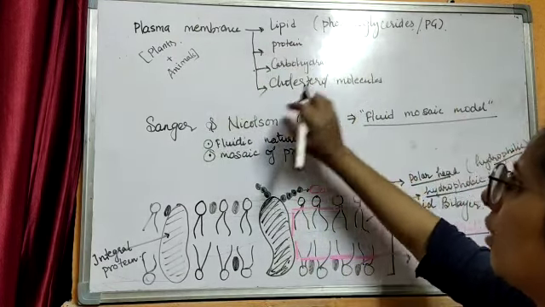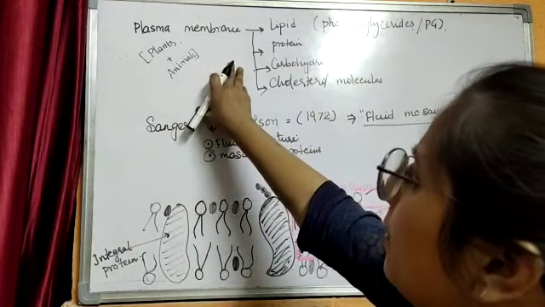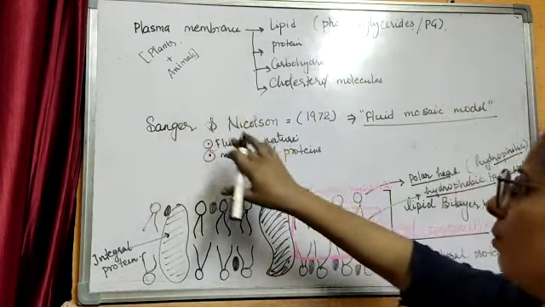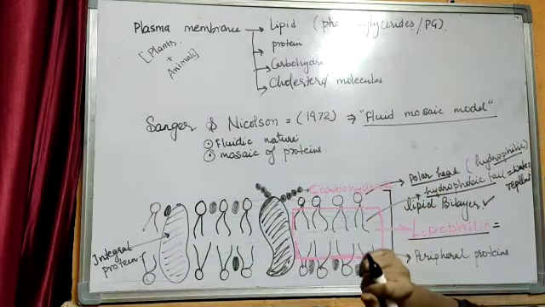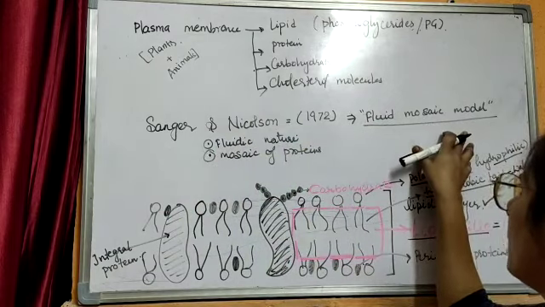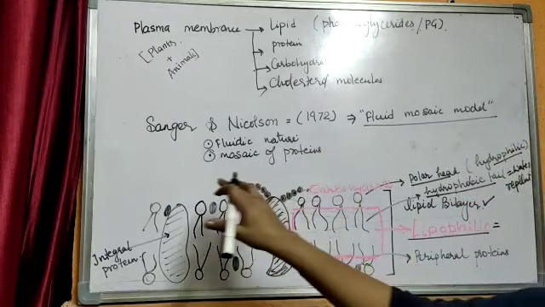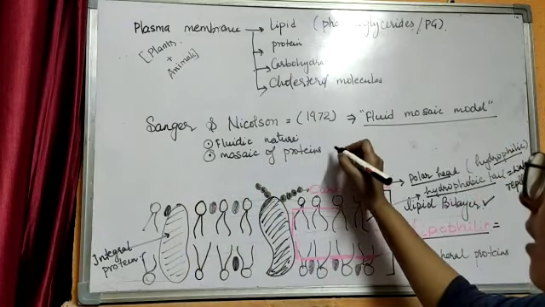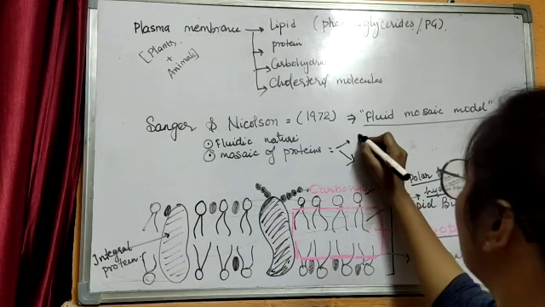Third, it has carbohydrate and cholesterol moieties. The most accepted plasma membrane model was given by Singer and Nicolson in 1972, and it was called the fluid mosaic model, as it has a fluidic nature and a mosaic of proteins, peripheral and integral proteins.